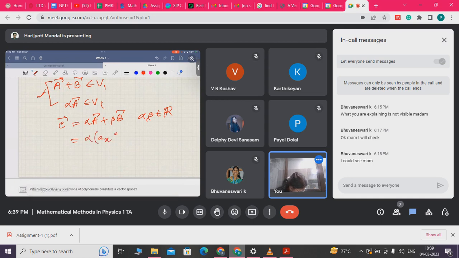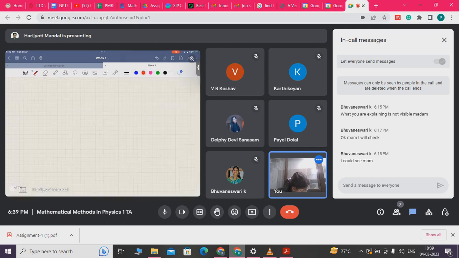So what will be the C? Alpha into (AX EX plus AY EY plus AZ, which is 0, EZ) plus beta into (BX EX plus BY EY plus 0 into EZ).